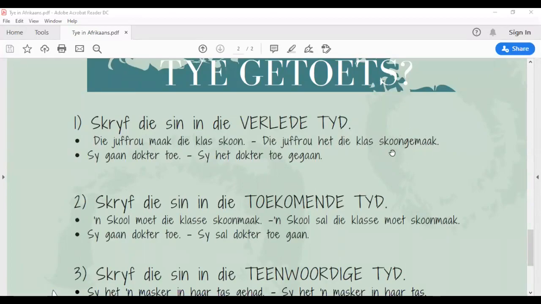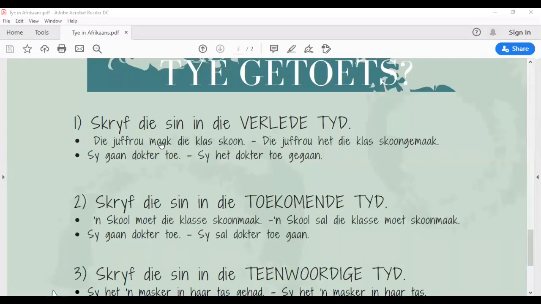Skoon gemaak is one word, not because skoon is a preposition, but because skoon en maak is something we call in Afrikaans a deeltjie werkwoord. Deeltjie means part, a klein deeltjie, little part. 'n Deeltjie werkwoord is a verb that we can split in a sentence.